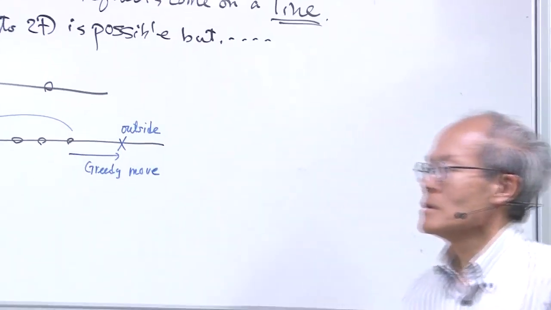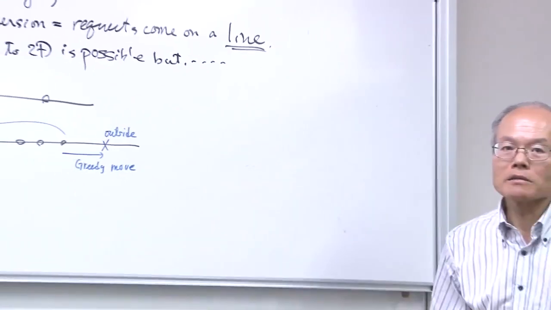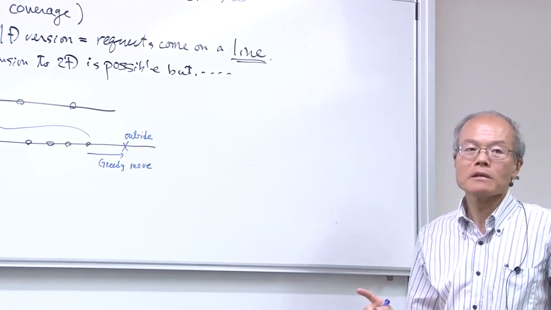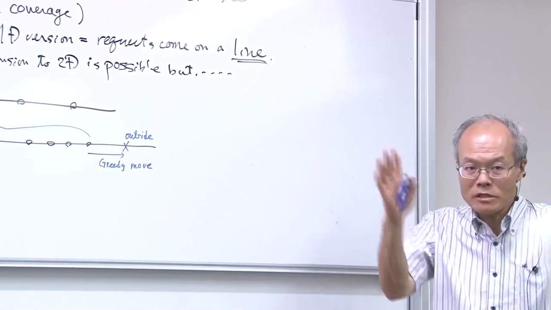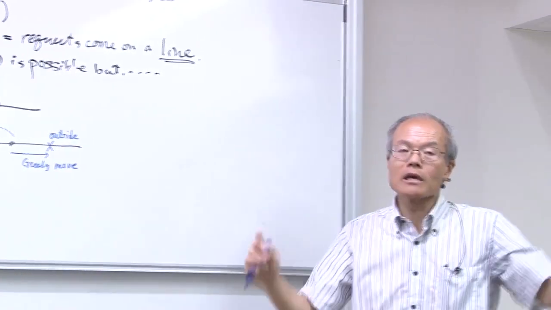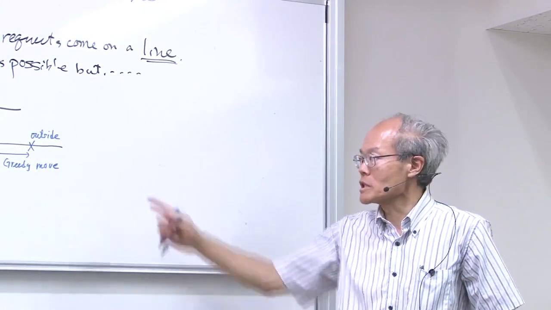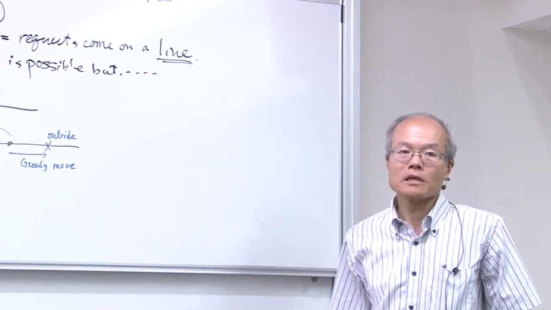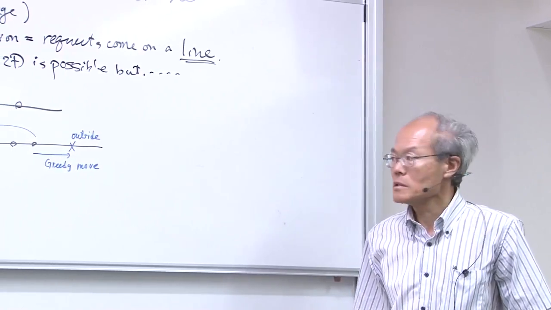Greedy move. The first case is if the request comes outside the server region, then just move the closest server. This is one case.